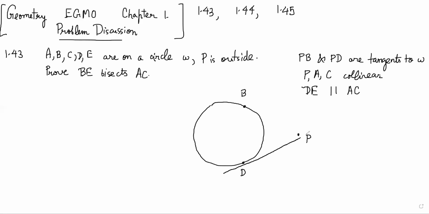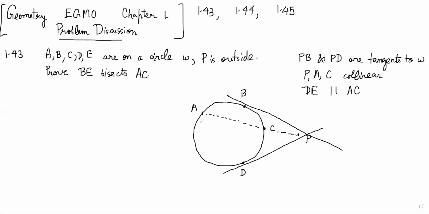We have PB and PD as tangents. A, B, C, D, E will be arranged on the circle, such that P, A, C are collinear. So P and C should be maybe here, and A should be here, so that there is a straight line.